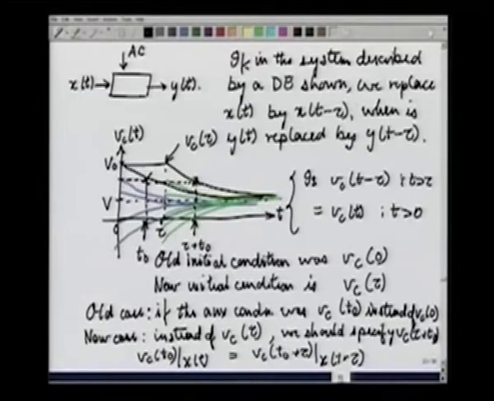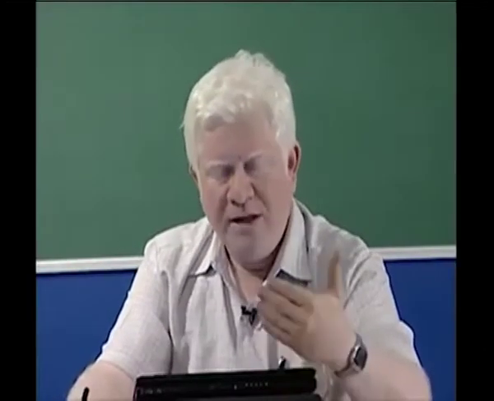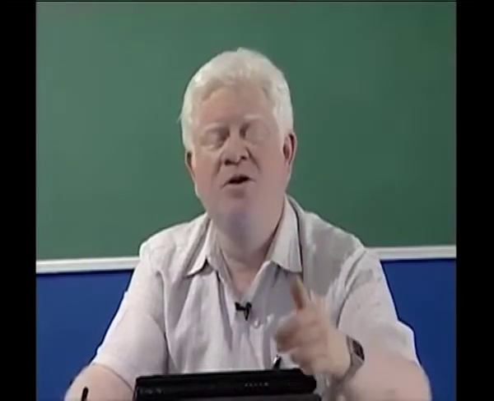Let us look at this diagram. Now, here we have shifted the input and we therefore know that the correct answer is this particular curve. This particular curve is the correct answer because the capacitor voltage has remained the same and now the input has been shifted to a new instant of time.